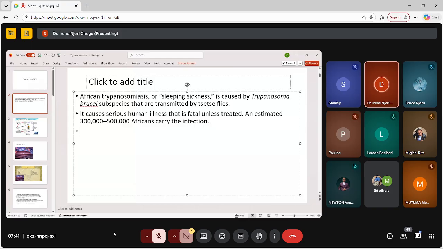Let me see if it's in the other slides before I add it. No. Let me just give you a bit more information on this slide. From your microbiology, we have Trypanosoma brucei, and under it we have the subspecies.